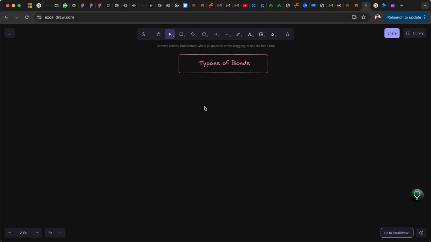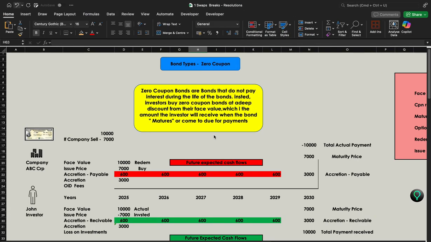Zero coupon bonds. So what does it mean exactly when we say zero coupon bonds? I have something in Excel, let me just go through it. Zero coupon bonds are bonds that do not pay interest during the life of the bond.